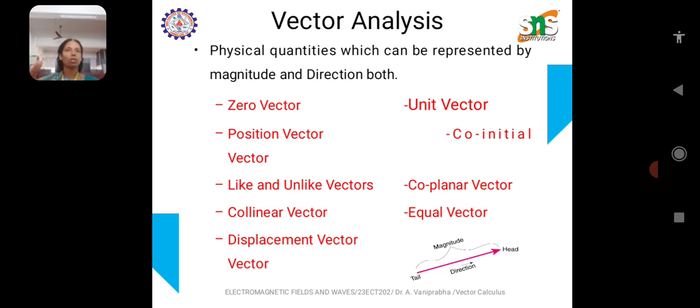That is called equal vectors. Negative of a vector. A plane flying north and another flying south at the same speed. That is nothing but negative of a vector. So hope you understand all these examples, right?